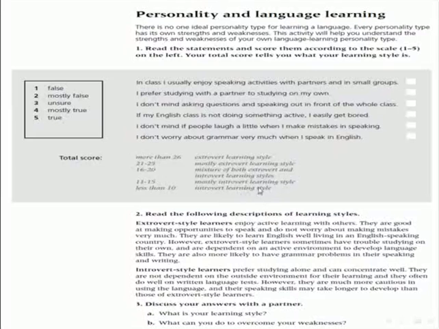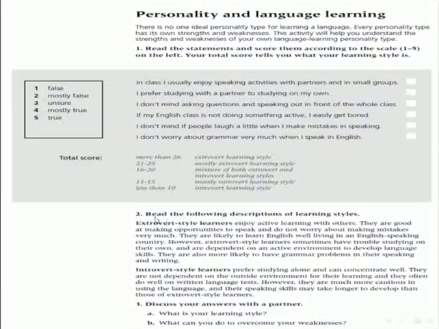You like to learn alone, about speaking, about mistakes, or about other students' laughter, and so on. The total score here, you calculate all the numbers, and the outcome tells you your personality type of learning.